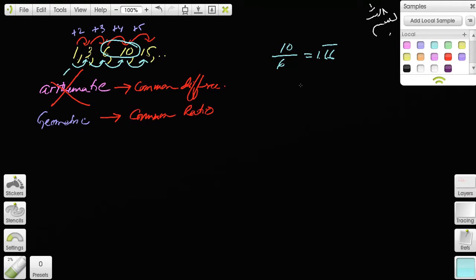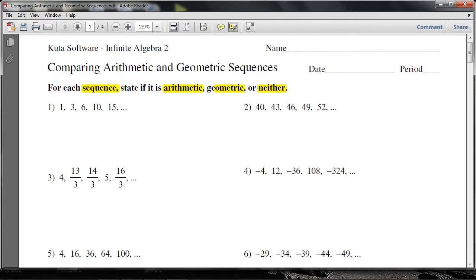How about 15 divided by 10? That's 1.5. So clearly it's being multiplied by different numbers, and so it's not even a geometric sequence. So this one is neither.